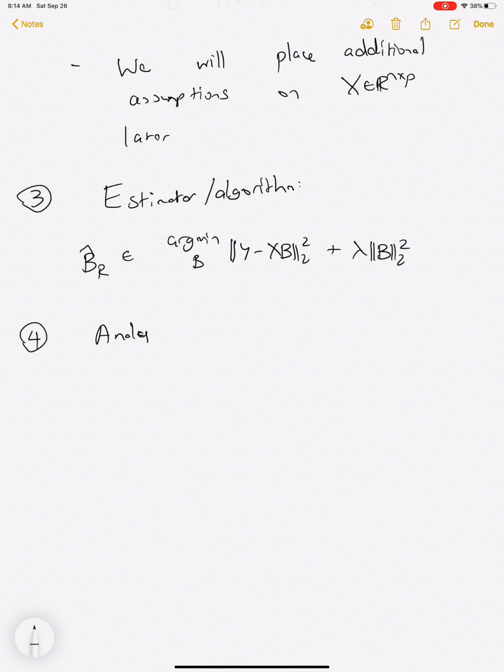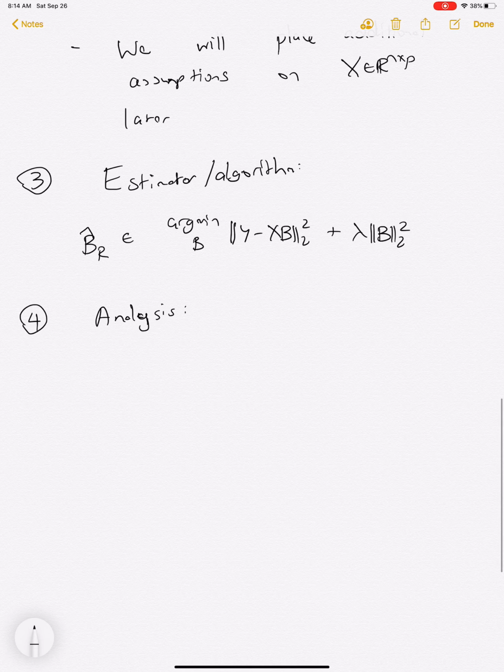Okay, and so we're going to talk about how to solve that shortly, and then we're going to spend a lot of time in this lecture and the next lecture talking about the analysis. So the question is, how close is beta hat R to beta?